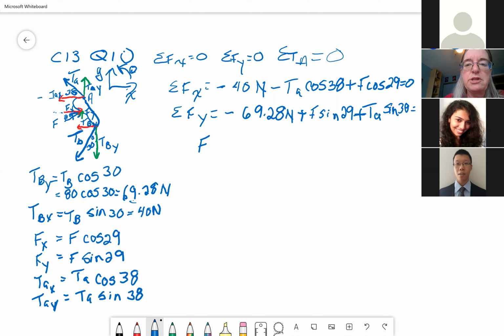From the X equation, we can see that F equals 40 plus TA cos 38, all divided by cos 29.